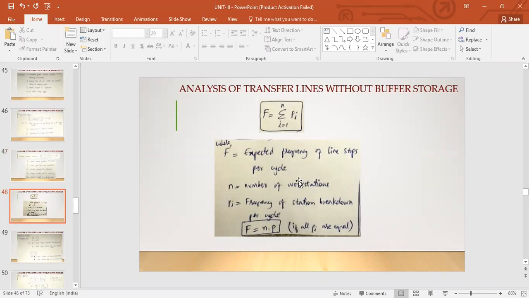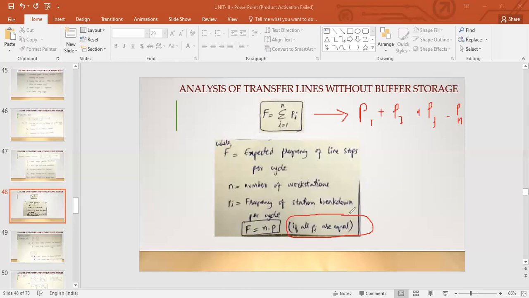So if you expand it, it comes out to be p1 plus p2, plus p3, and so on up to pn. If there are n stations, you'll count the probabilities. Let's say the probabilities are equal.